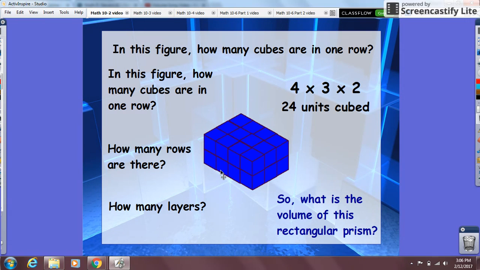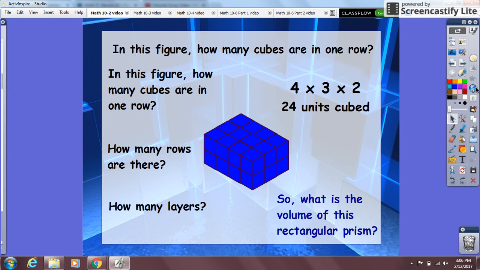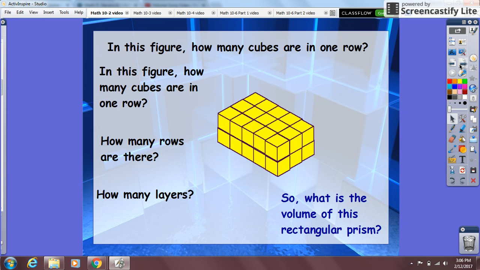So let's look at this figure. There are 1, 2, 3, 4 cubes in each row of 1, 2, 3. And there are 1, 2 layers. So if we multiplied those together, 4 times 3 times 2, we would find that the volume of this rectangular prism is 24 units cubed, or 24 cube units.